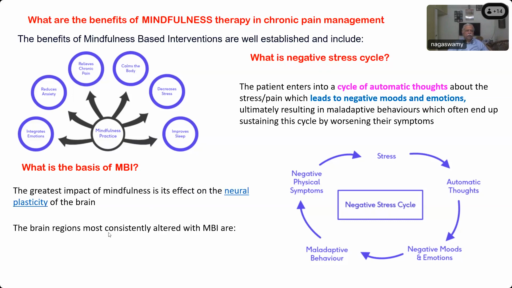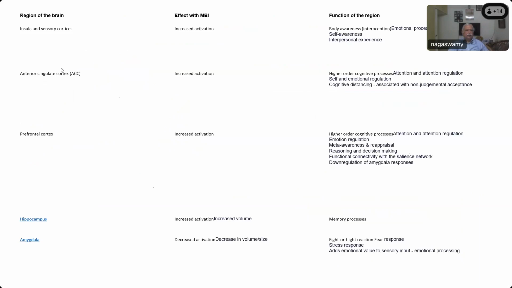The brain regions most consistently altered on MRI are these areas. It acts on the insula, sensory cortex, anterior cingulate cortex, prefrontal cortex, hippocampus, amygdala. And in all these areas, it increases the activation and sometimes the volume and their function.